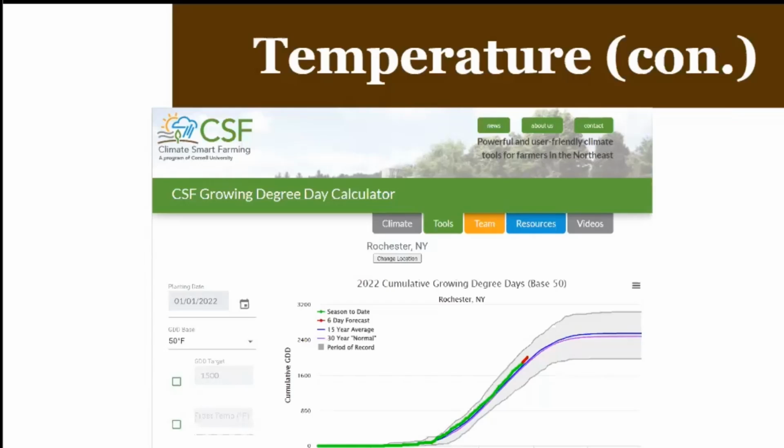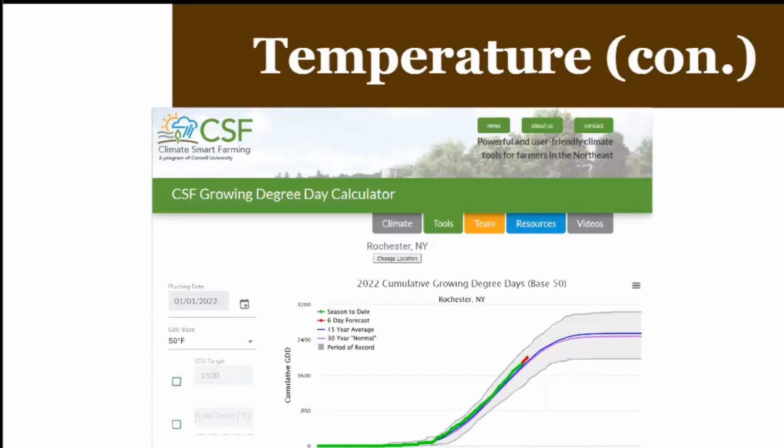Growing degree days is thinking about how much it has been above or below a certain temperature for a plant. If you're growing corn, for example, and we've had a lot of days above like 70 degrees, that's necessary to impact plant development, because plants may mature slower or faster, or maybe not at all, based on the temperature.